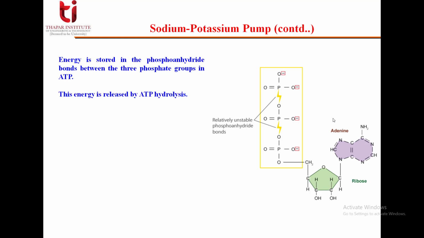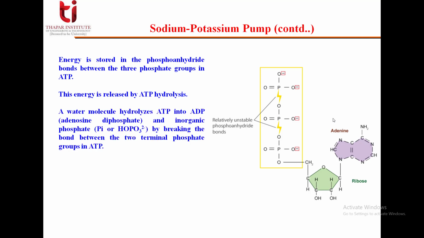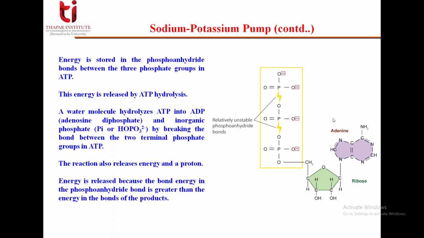This energy is released by ATP hydrolysis, in which a water molecule hydrolyzes ATP into ADP, adenosine diphosphate, and inorganic phosphate by breaking the bond between the 2 terminal phosphate groups. This reaction also releases energy and a proton. The energy is released because the bond energy in the phosphoanhydride bond is greater than the energy in the bonds of the products, as you can see from the equation.